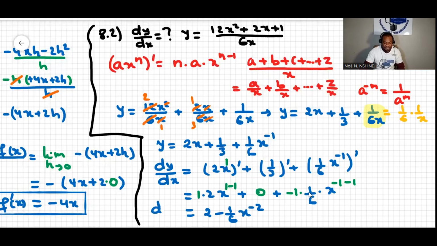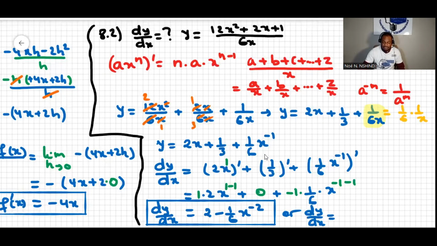So that's dy dx. Or someone can also transform it back into a positive exponent. That's going to be 2 minus 1 over 6x squared. This is also correct.